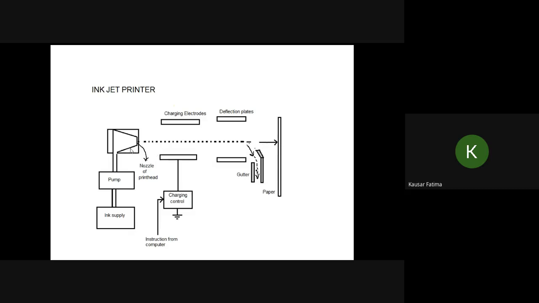If the print head is moving over the area where there is some writing, the writing should be there on the paper. It means the ink droplets should go straight towards the paper. The charging plates will be off, there will be no charge, so the ink droplets will go straight. So this is another way of understanding the inkjet printer. These plates depend on the instructions from the computer.